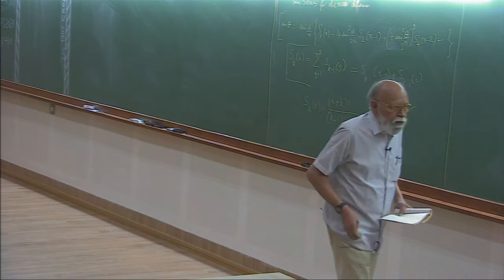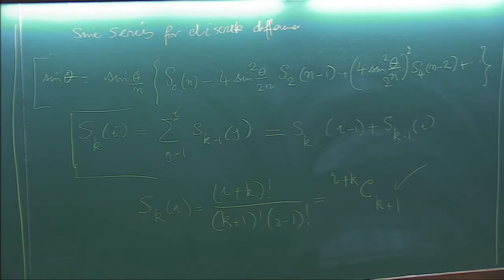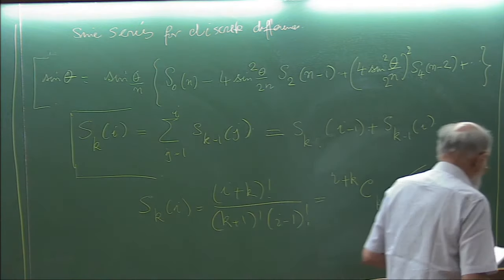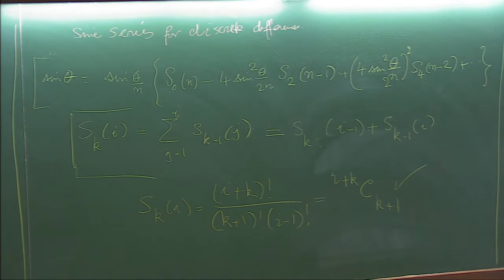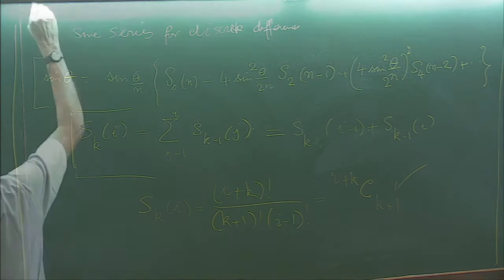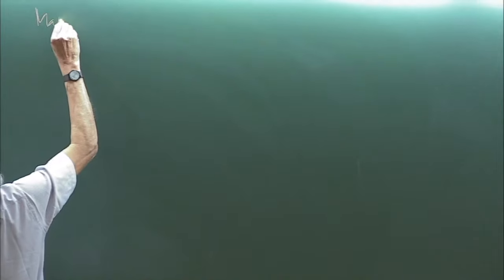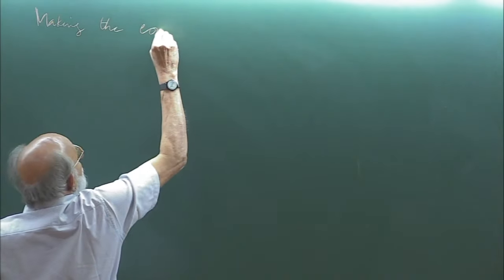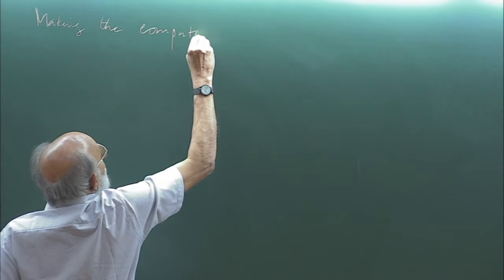He says, if I cut the series off at a point j, I can write here two approaches, making the computation of pi efficient.